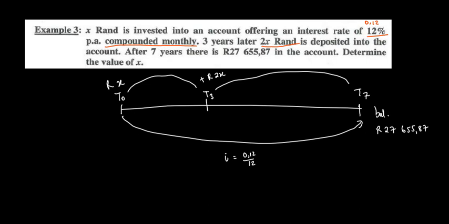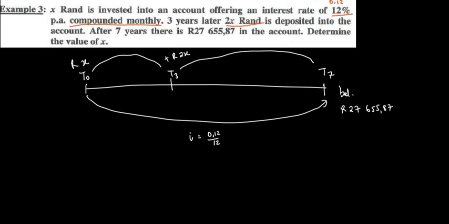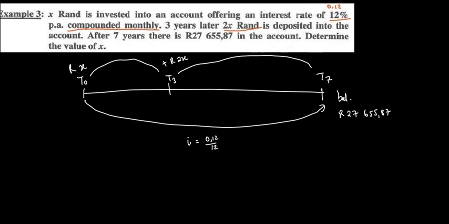Now this question you can do using the longer method or the shorter method. So I'm going to use the shorter one because it's much faster. To find the accumulated amount, I'm going to start with the first one. So you say x, then it's going to grow, 0.12 divided by 12, for the whole 7 years.